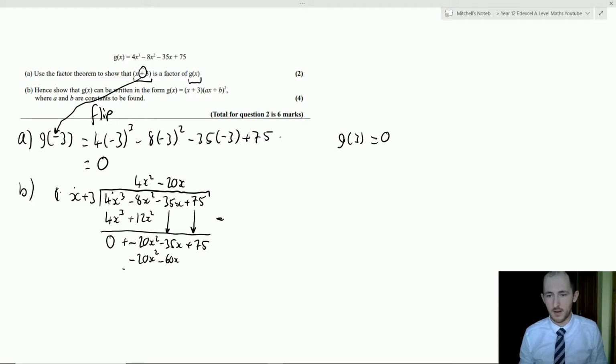Once again, all we do is subtract. We just repeat the same process again and again until we can't anymore. Minus 20 minus minus 20 is minus 20 plus 20, which is 0. Minus 35x minus 60x is minus 95x. And again with the 75, it's just going to drag itself down because there's nothing left.